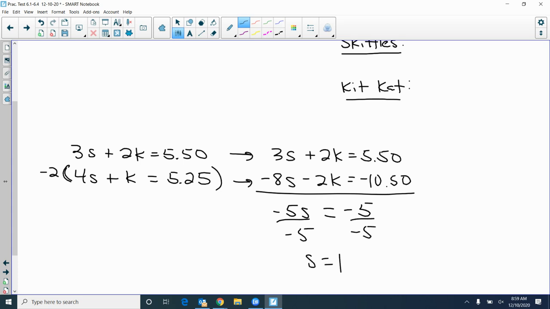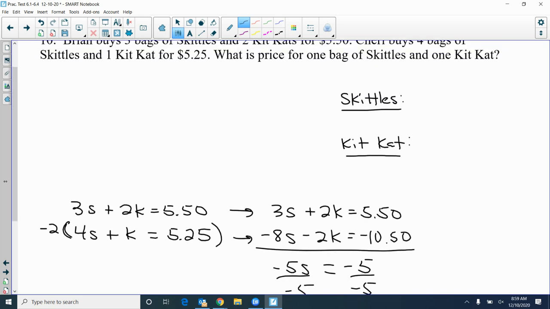Well, what does that mean in terms of money? One what? No. $1. So it's $1 per pack of Skittles. $1 for a pack of Skittles. All right, a Kit Kat though, you still got to find what that is. So I got 4 Skittles plus 1 Kit Kat is equal to $5.25.